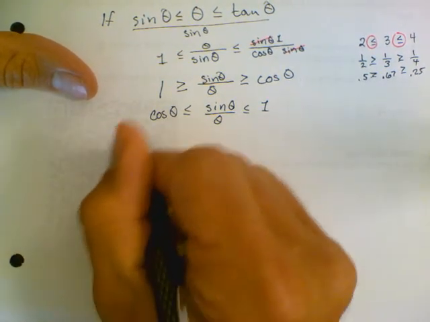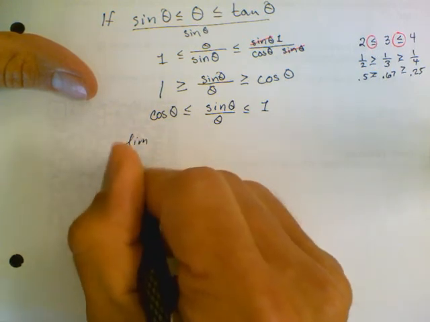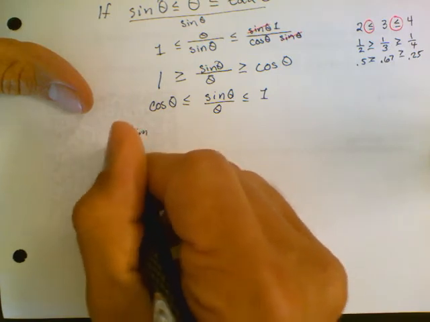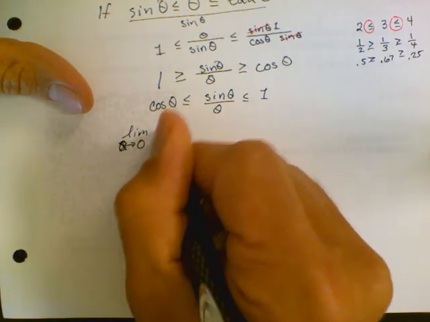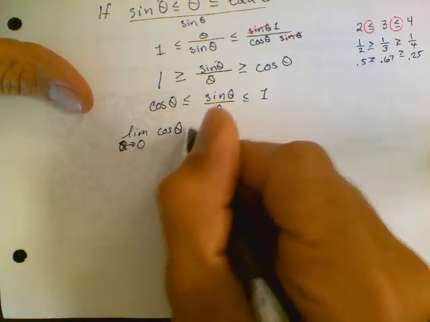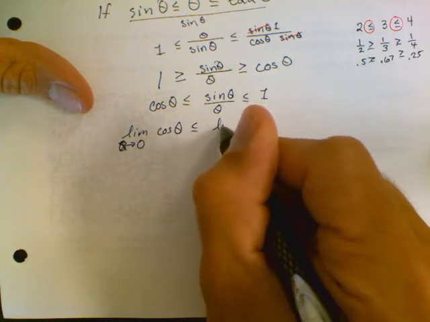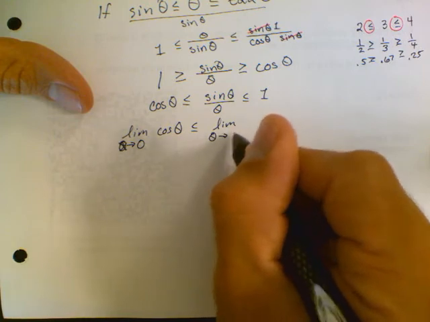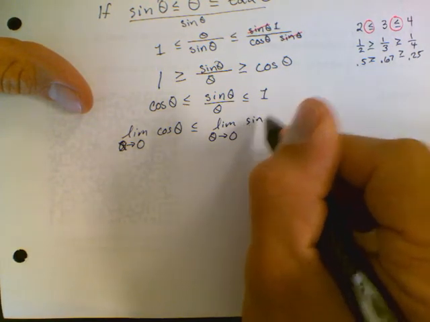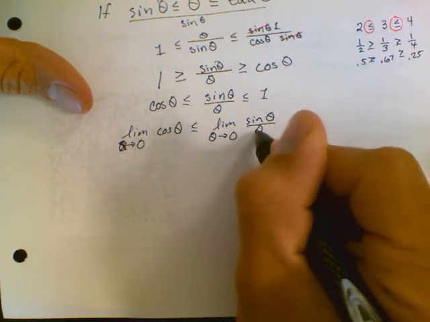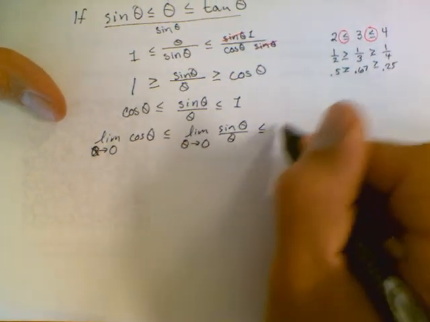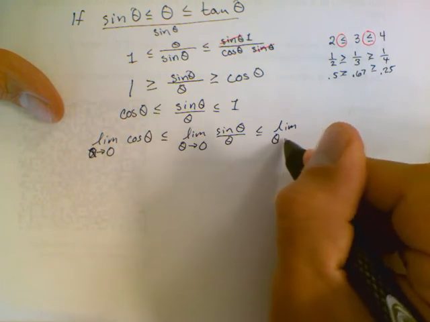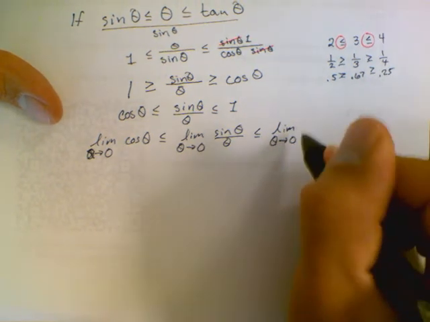But all I'm going to do now is find the limit as x approaches 0, theta approaches 0 of cosine theta. So I'm taking the limit of all 3 sides of this inequality. Now I still will not be able to find this limit on the inside, but knowing the limits on the outside might help me with the limit on the inside.